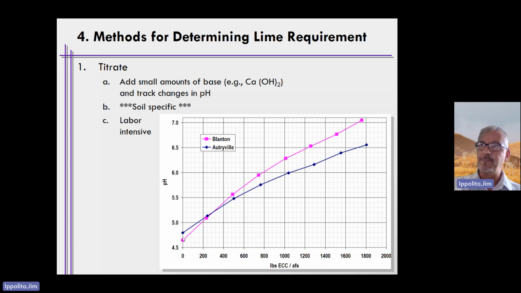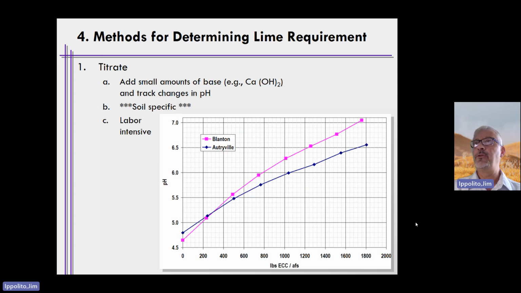And if you add a little bit of base and titrate and measure pH over time, these curves tell you basically how much lime to add to go from an initial pH to a final pH. This is labor intensive, it's soil specific, and hardly anybody does this anymore.